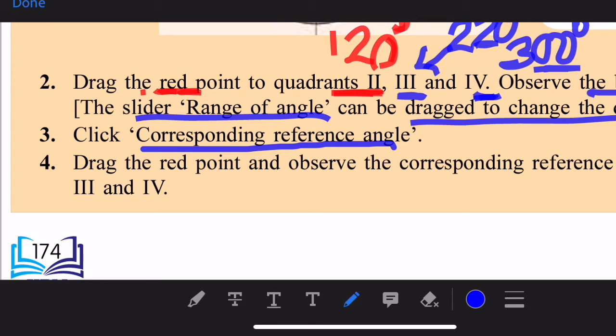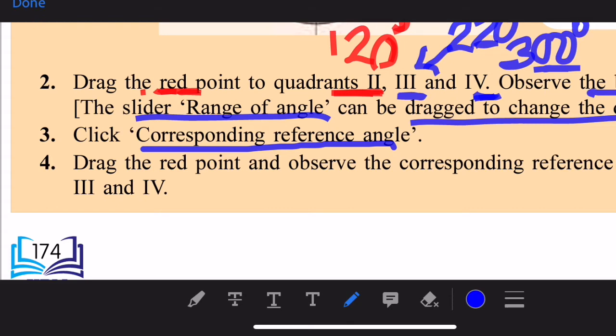If you untick it, you won't see the corresponding reference angle, but if you tick it, you can see it. That means for 300 degrees, the corresponding reference angle is 60. Let's say I move to the third quadrant, the corresponding reference angle in the third quadrant is 60 degrees, but you see the blue angle is 240 degrees.